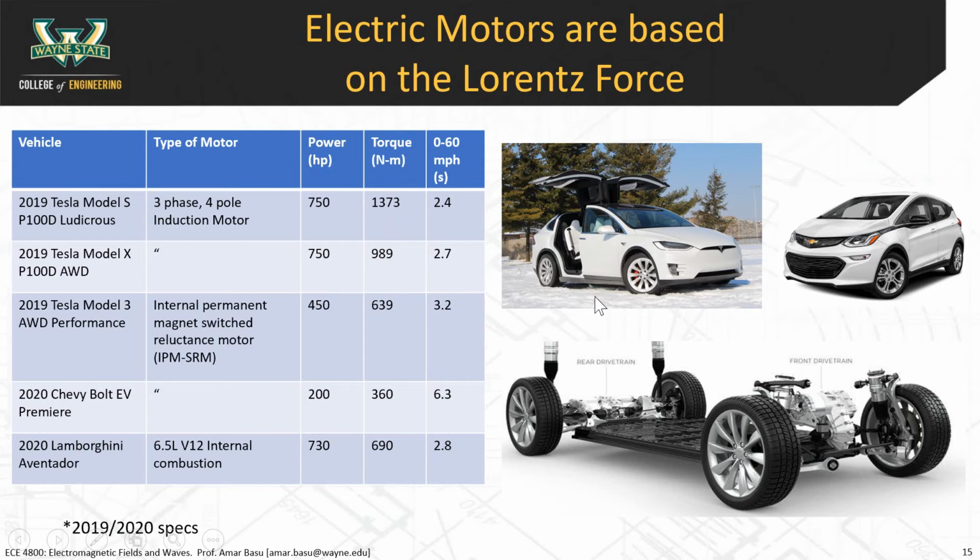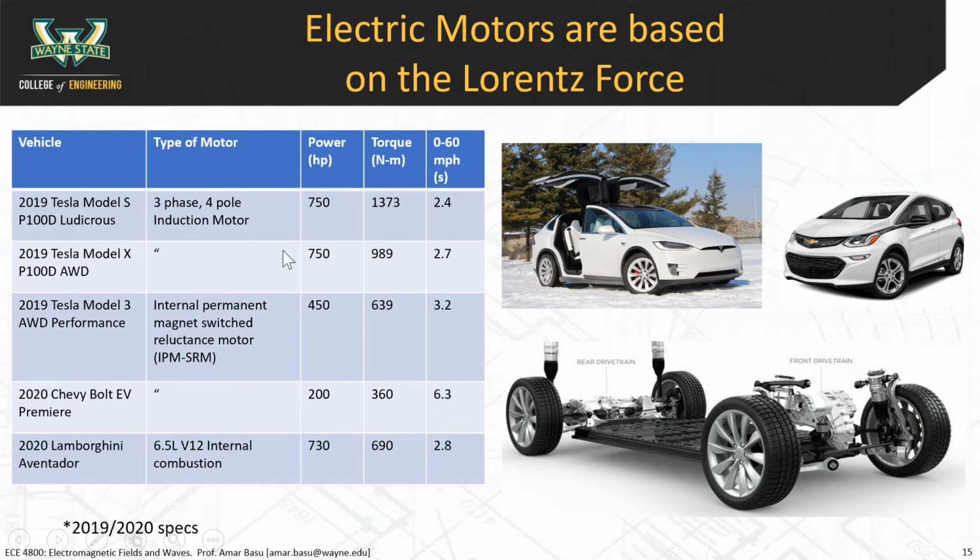It's pretty cool to watch. The Tesla Model S goes from 0 to 60 in 2.4 seconds. The Model X does it in 2.7 seconds. And these have massive amounts of torque, 50 to almost 100% more than the Lamborghinis.